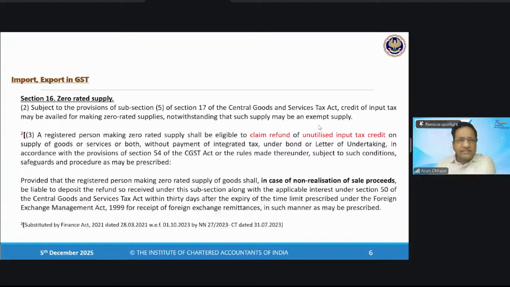Can you tell me what is section 17 subsection 5? What is section 17 subsection 5 about? Can you please tell me?